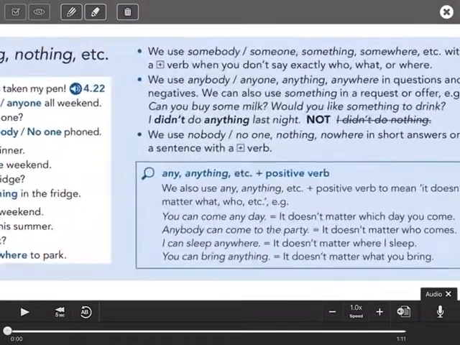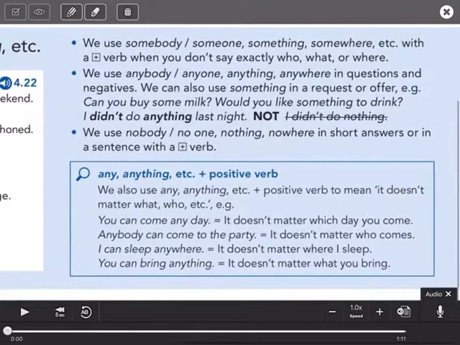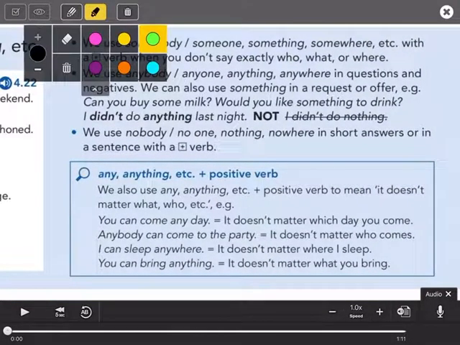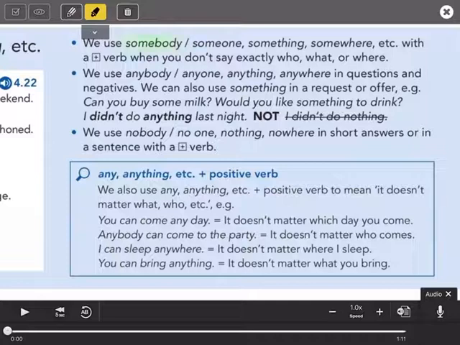Can you see? Here it says, we use somebody and someone. Now, these words are complete synonyms. Somebody is the same as someone. We use something and somewhere, etc. with a positive verb, when you don't know exactly who, what, or where.